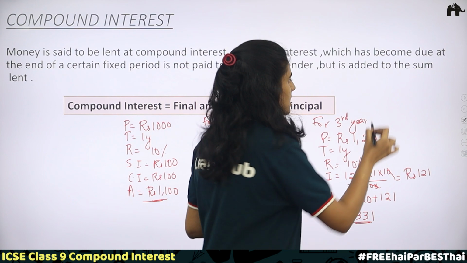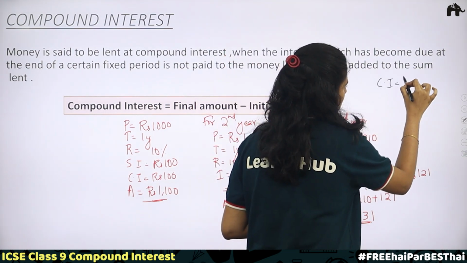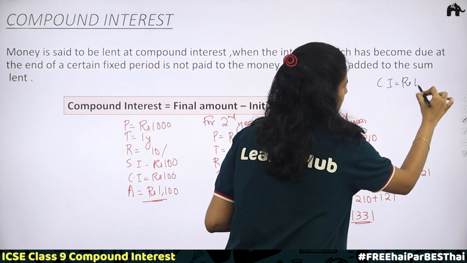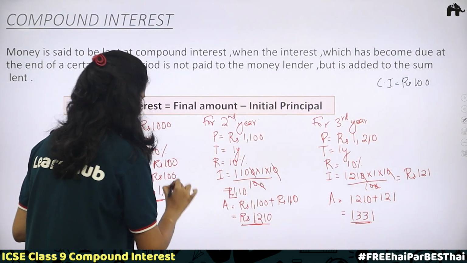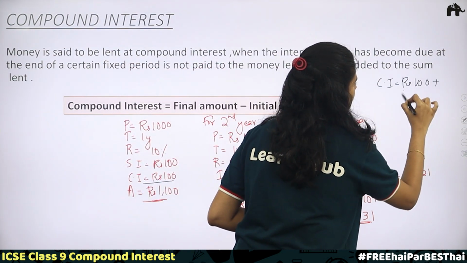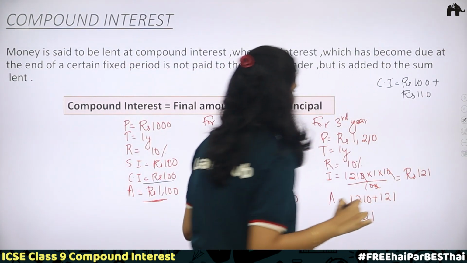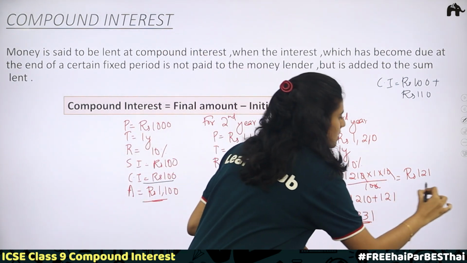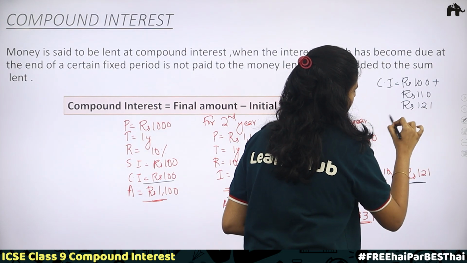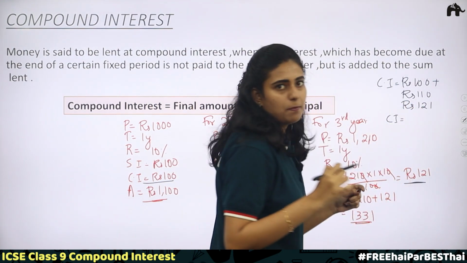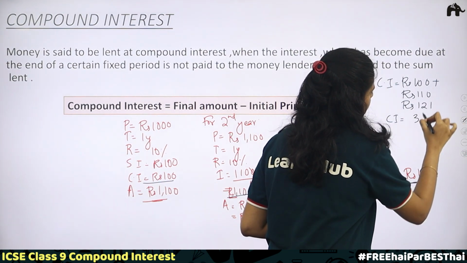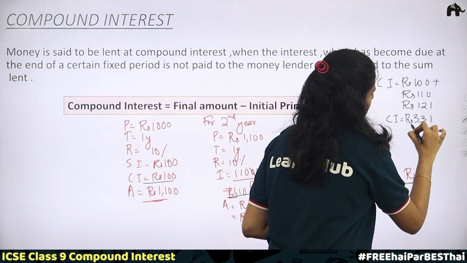In this case, compound interest will be equal to first year, the interest is rupees 100. Second year, the interest is rupees 110. For the third year, the interest is rupees 121. On adding, you will get the total compound interest. Here it will be equal to rupees 331.